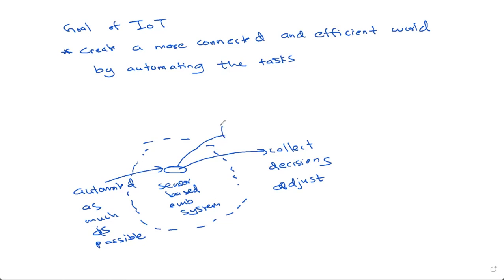If we have to do the same work every single day, it's going to be monotonous. So in order to reduce that, we can use IoT systems. We can let the IoT system do that monotonous work. The humans will be mainly monitoring the performance of the IoT system.